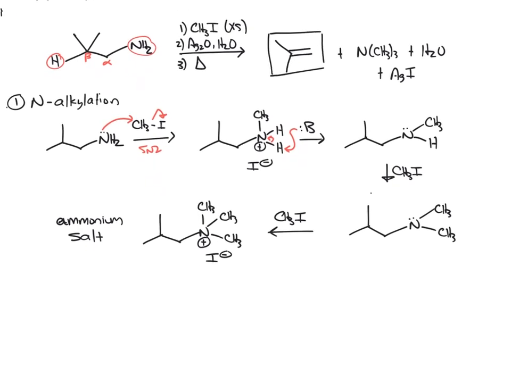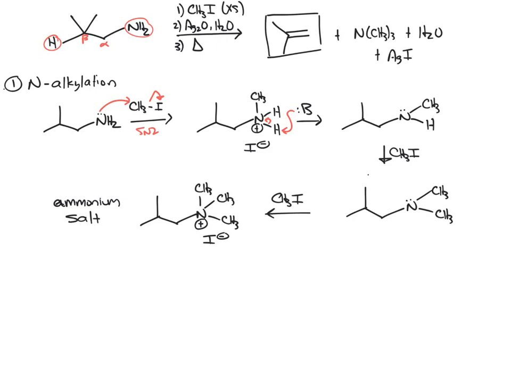The second part of this reaction comes where we add the silver oxide and water. So let's take our ammonium salt. Just going to abbreviate my 3 methyls. And we react this silver oxide and water. So this step we're going to call an ion swap.